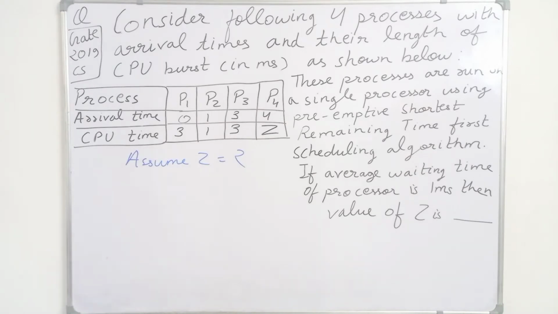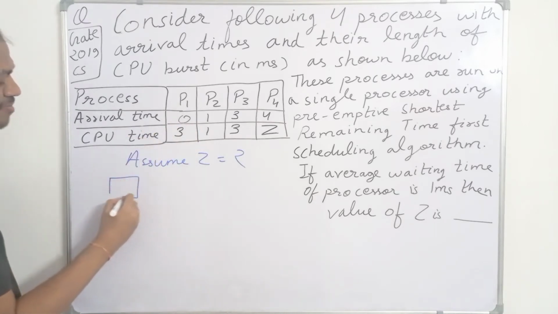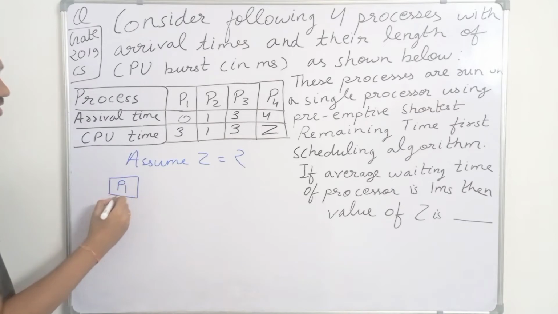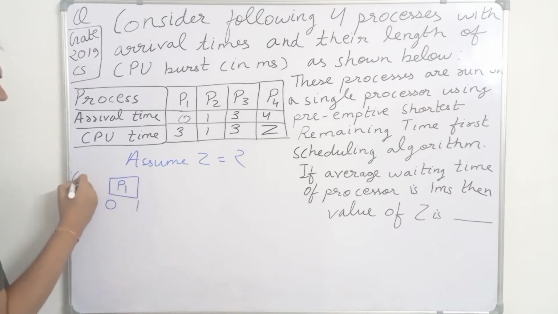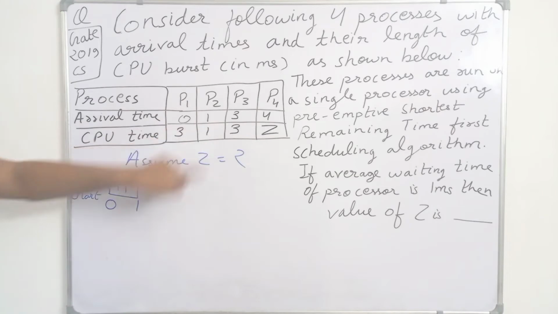P1 arrives at time 0. So at time t equal to 0 we have only P1, so P1 will be scheduled first. Now at time t equal to 1, P2 also arrives.